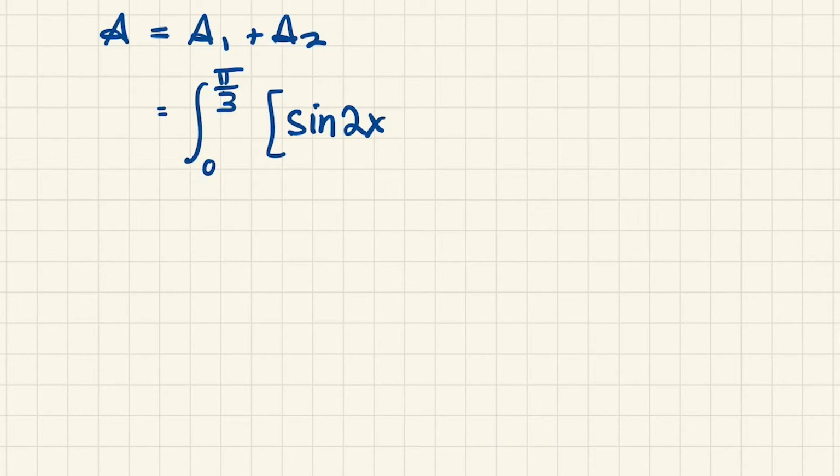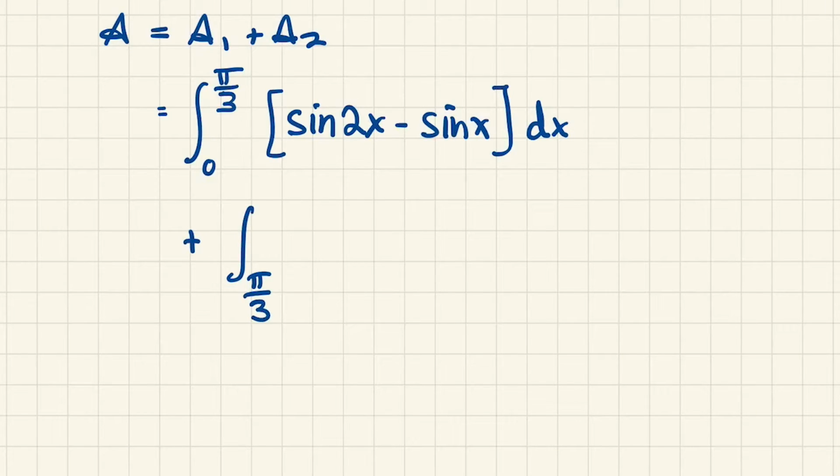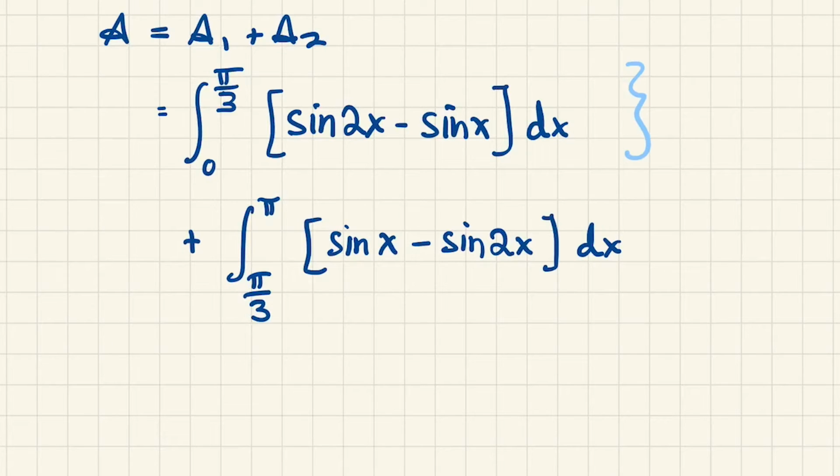So upper function minus lower function, plus the integral from pi over 3 to pi of, and now we're talking about the second region, that bigger one, where the upper and the lower function were reversed. So this would be sine of x minus sine of 2x. So there's our A1, and there's our A2.